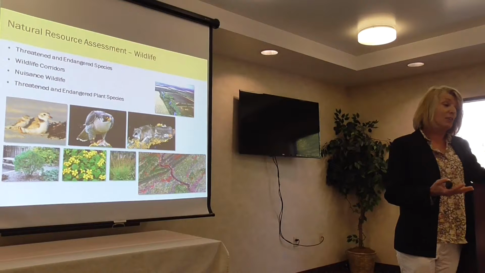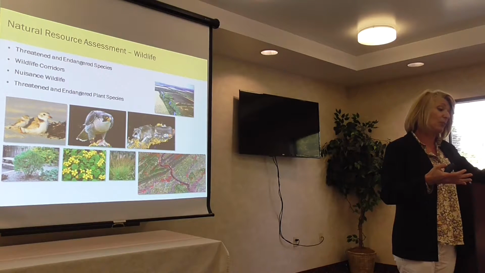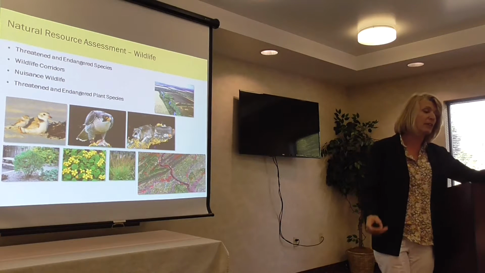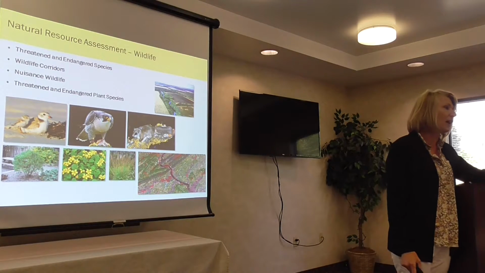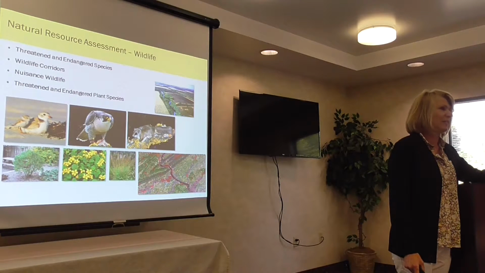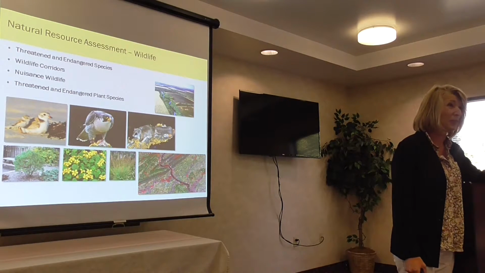And then wildlife, understanding the context of the site in relationship to wildlife corridors, threatened and endangered species. PNDI analysis or searches are pretty standard anymore, especially if there's anything with a wetland delineation, but it's pretty simple too.